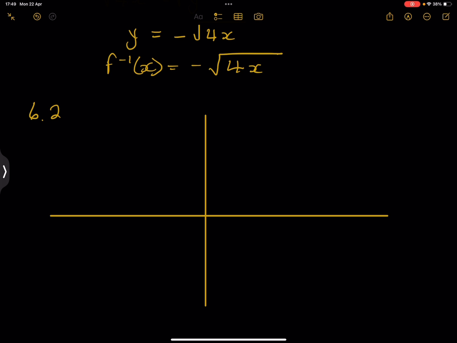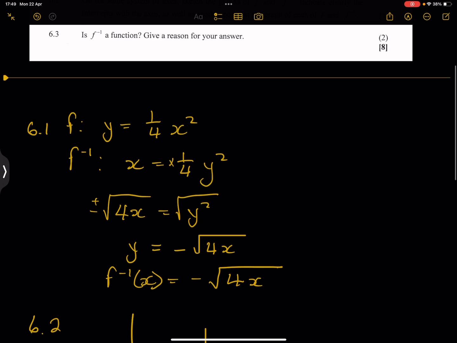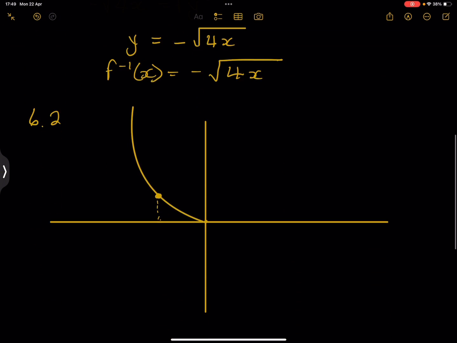Remember, this graph is going to be on the negative side, so it would be a graph that looks like this. Let me take the point where x is negative 1. For the graph of f, when x is negative 1, y is 1 over 4. So let's get that point there.